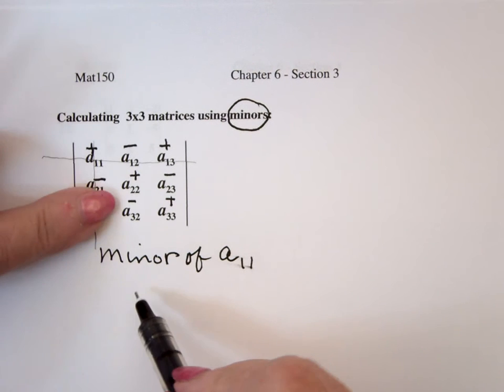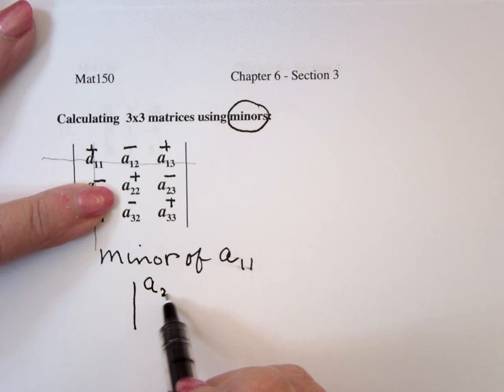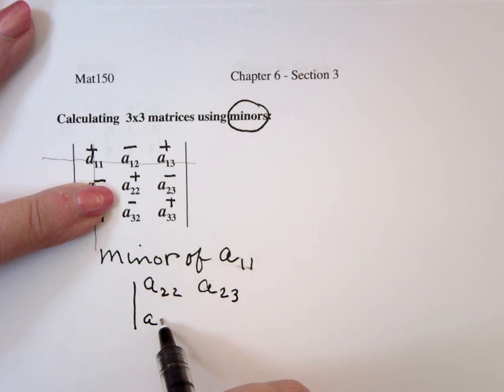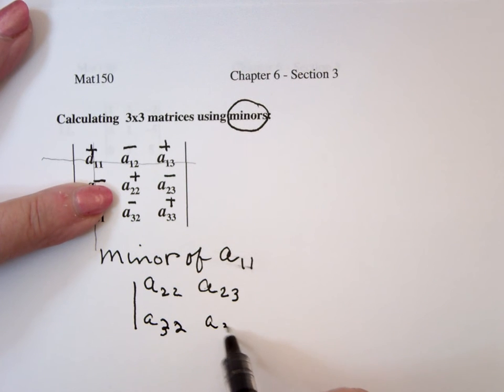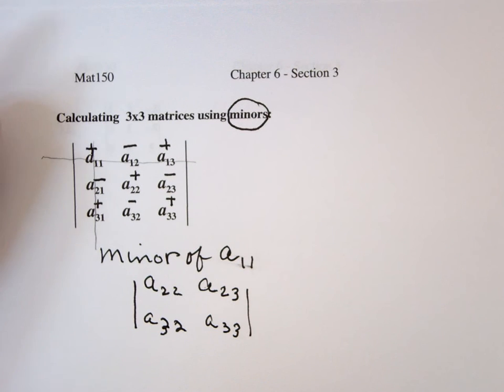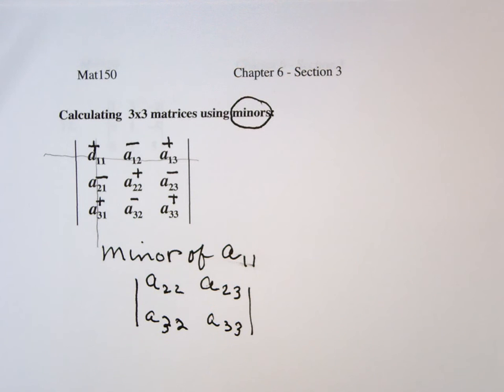What is left over is the minor. It is a determinant. It's A22, A23, A32, A33. That is A11's minor. Cross out the row and the column. What's left of A11 is its minor. The minor is a 2 by 2. That can be calculated fairly easily.